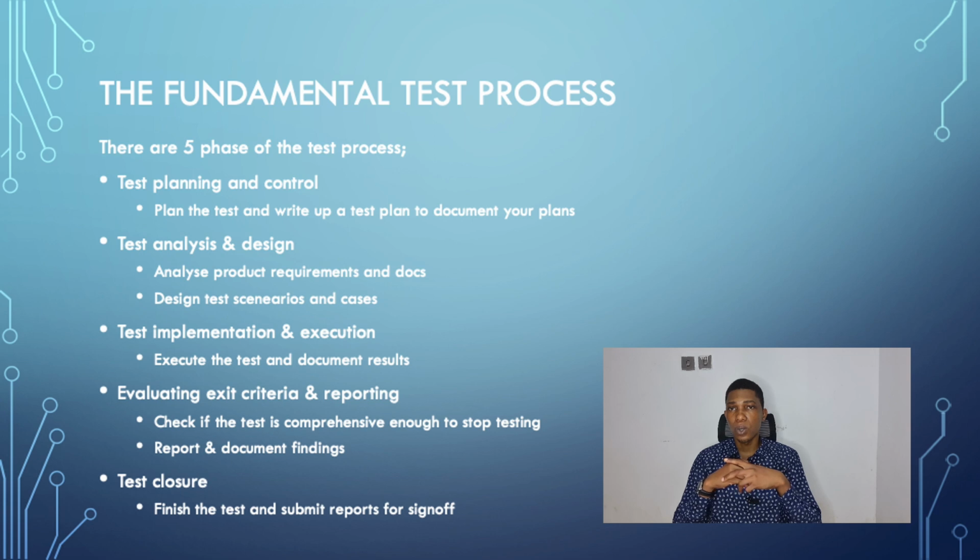So that is the final phase of the test process where the test is closed out, all the test documents have been approved, and you ensure all the stakeholders are happy with the test. So that is the last phase of the test process.